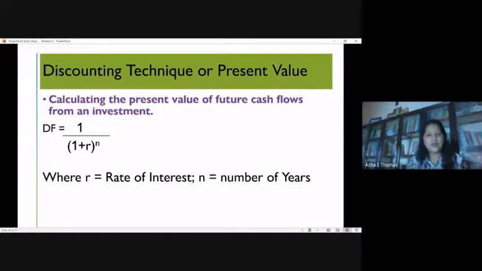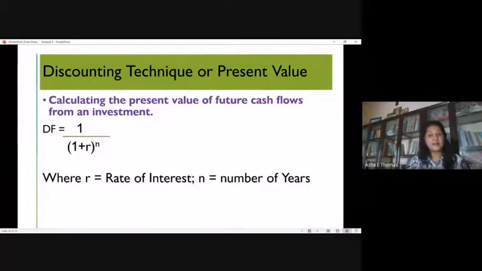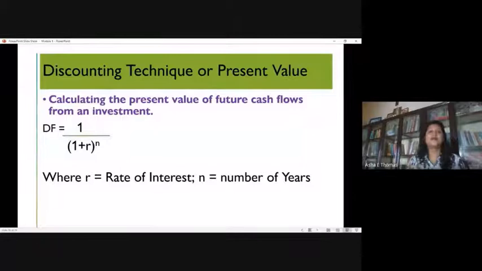So the discount factor is a concept which takes care of both of these: my waiting time, the period of investment, as well as the risk involved. When I'm talking about the discounting technique, it is a technique which allows me to decide whether I should go for an investment or not. It helps me understand whether there is any return for my waiting period as well as for the risk involved in that particular investment.